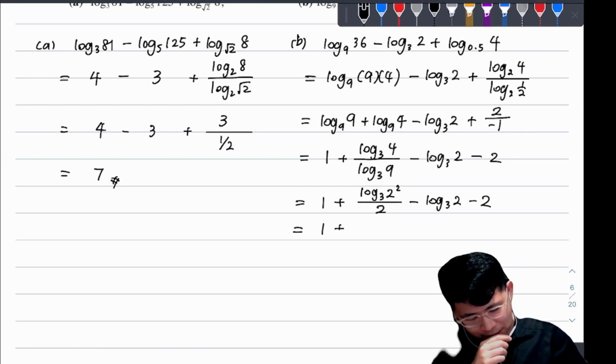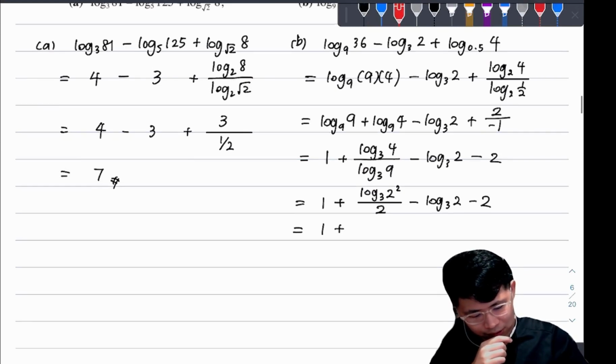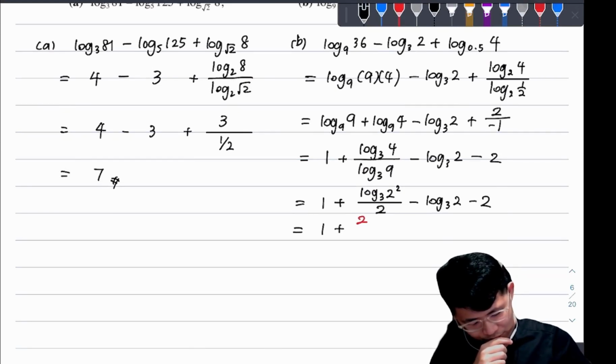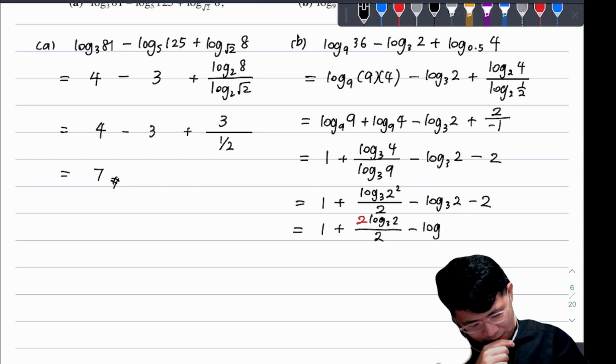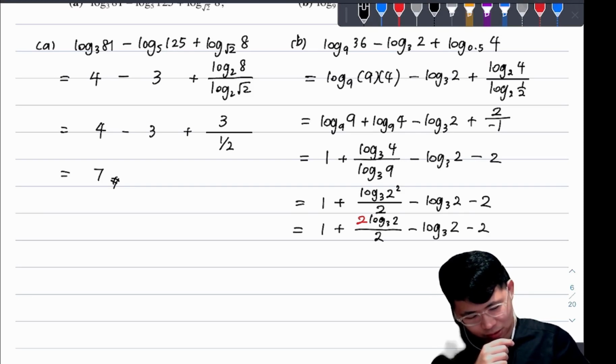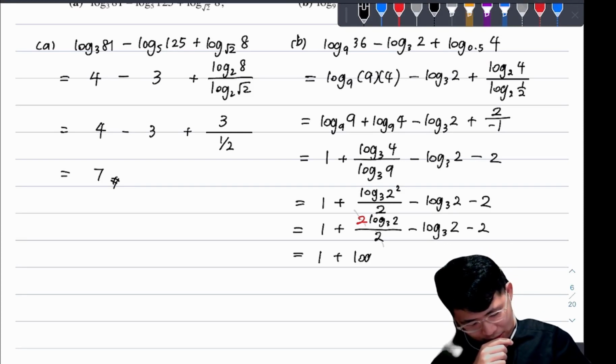Then I will make use of the power rule and bring the 2 in front, so 2 log base 3 of 2 over 2 minus log base 3 of 2 minus 2. Then these 2s can cancel, so I have 1 plus log base 3 of 2 minus log base 3 of 2 minus 2.